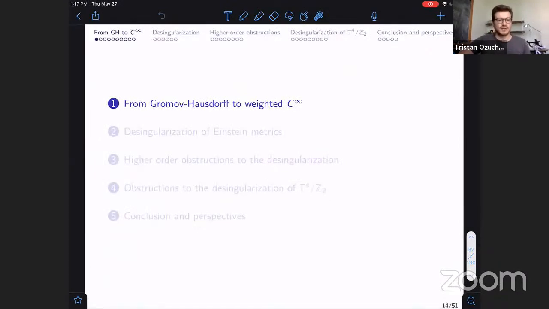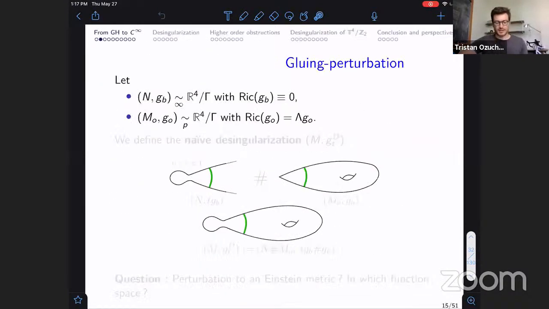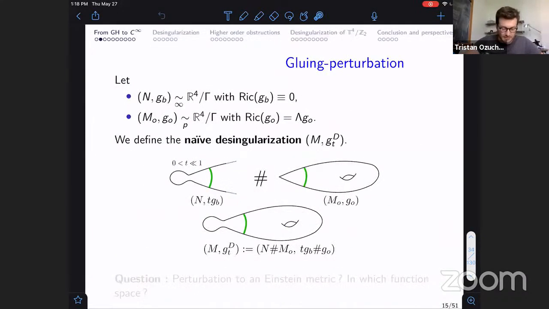Okay, so let's look at the first step, which is understanding better the convergence. What we want to do is to reconstruct our Einstein metrics by gluing perturbation. Gluing perturbation means just taking some rescaling of the Ricci-flat ALE metric and gluing it to the orbifold.